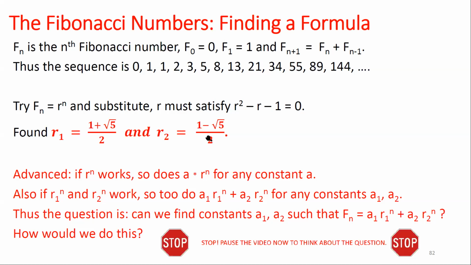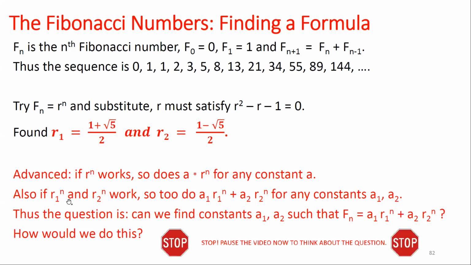Now here's a little bit advanced, but it's going to allow us to review some stuff you're doing in Algebra 1. If r to the n works, so does a times r to the n for any constant. The reason is, if r satisfies this and I multiply everything by 5, it's still going to be true, because I multiply the left-hand side by 5 and the right-hand side by 5. So you can just do the algebra and show that that works.